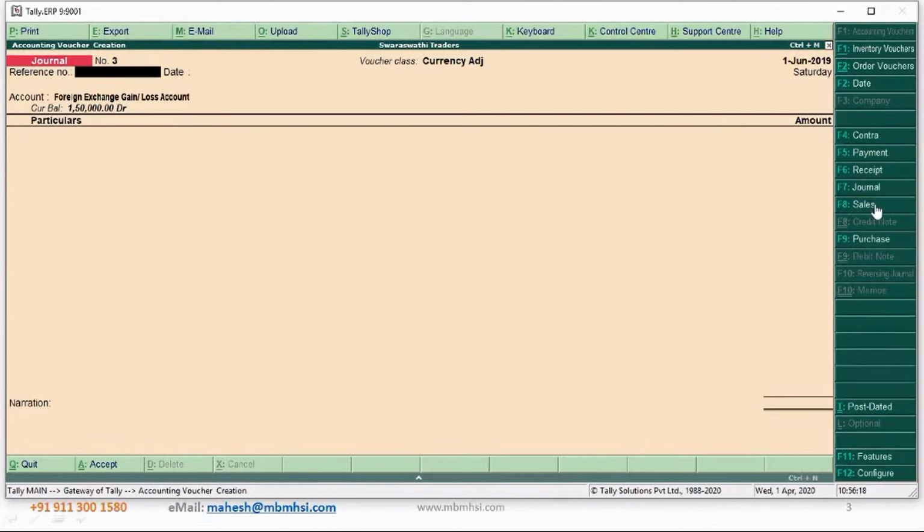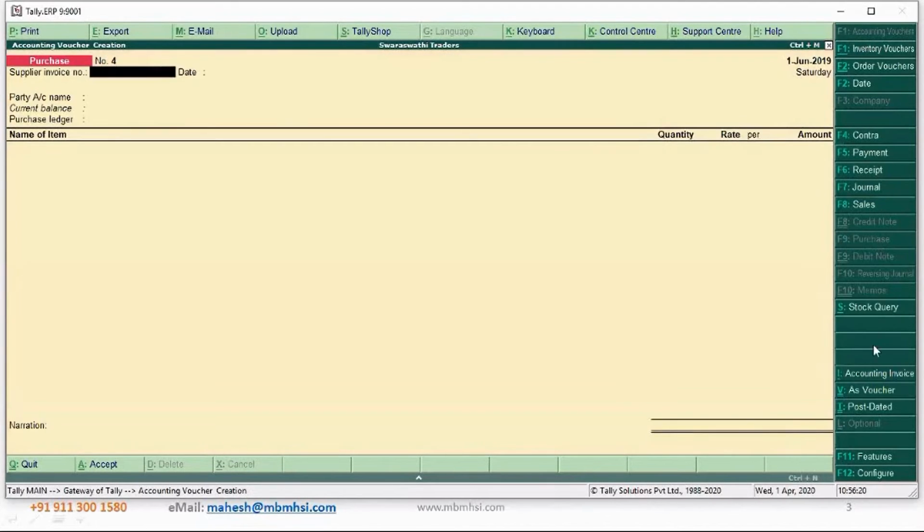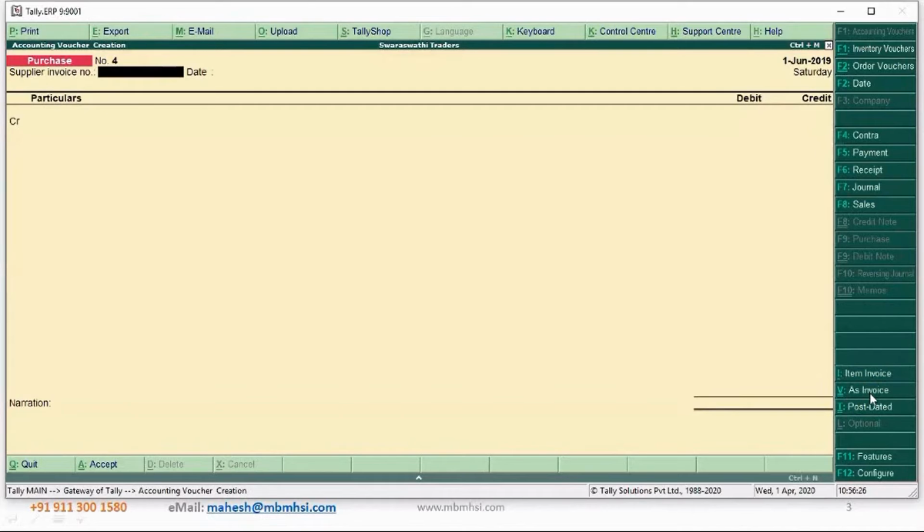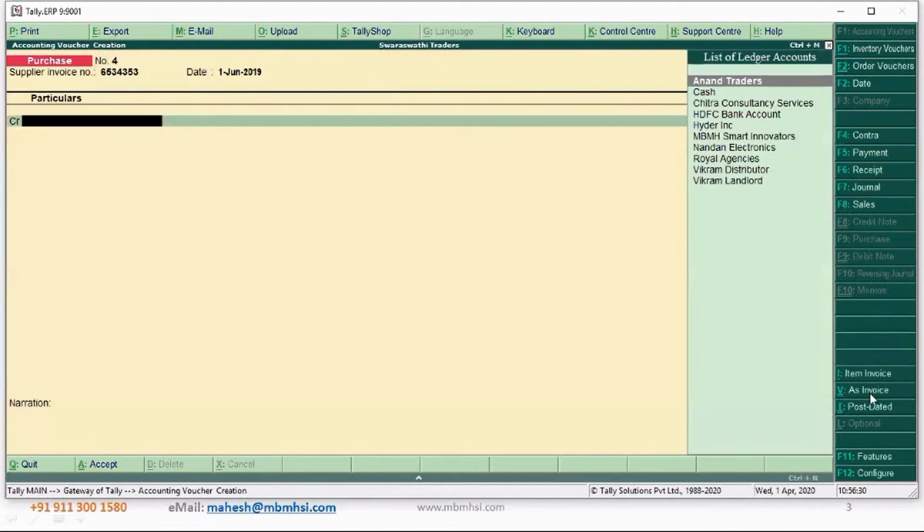I'm doing a purchase. I'll go to purchase, and we are doing it in a normal invoice mode as voucher. All right. So supplier invoice number. Now I'm purchasing from an Australian company. So that was one US dollar.